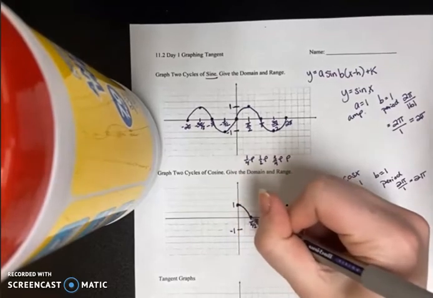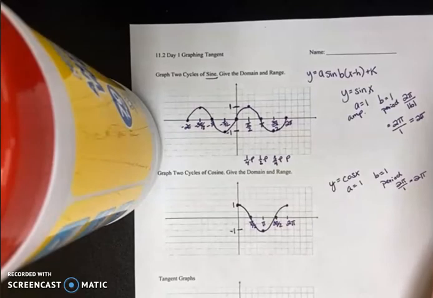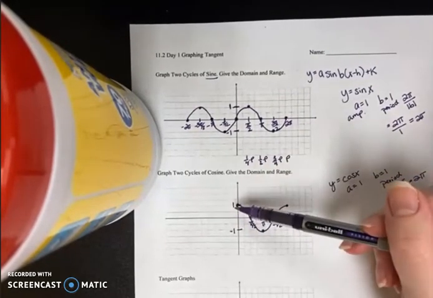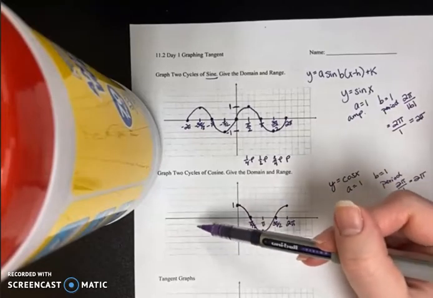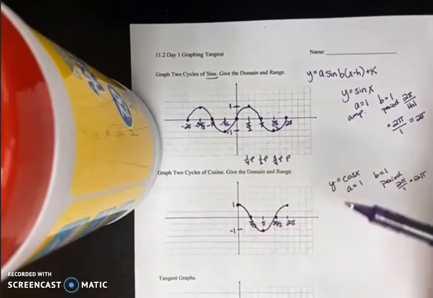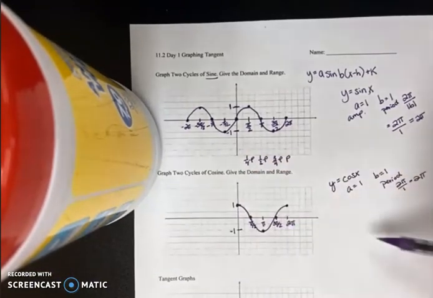So this is what the curve looks like. I could continue to the left, so it's at a max, goes x-intercept, min, max, x-intercept, max, and keep going. Or I can move it to the right. So since I moved it to the left last time, I'm going to continue it to the right this time.